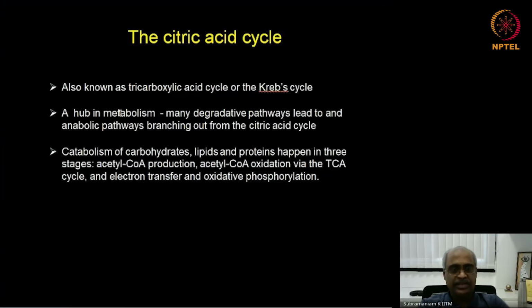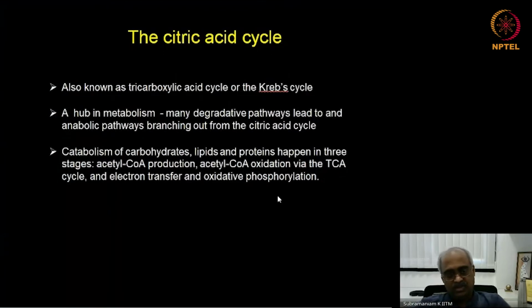Many degradative pathways like glycolysis end up in one of the intermediates of the citric acid cycle. And many anabolic pathways take off intermediates from the citric acid cycle for the biosynthesis of various molecules. This is the reason why it is called a hub in metabolism. Catabolism, meaning breakdown of carbohydrates, lipids, proteins, all of this produces intermediates of this pathway.